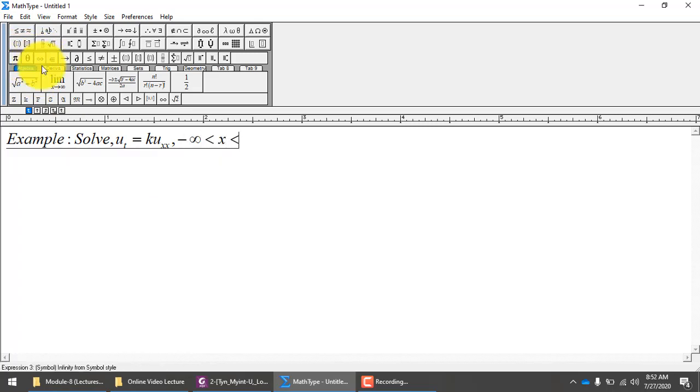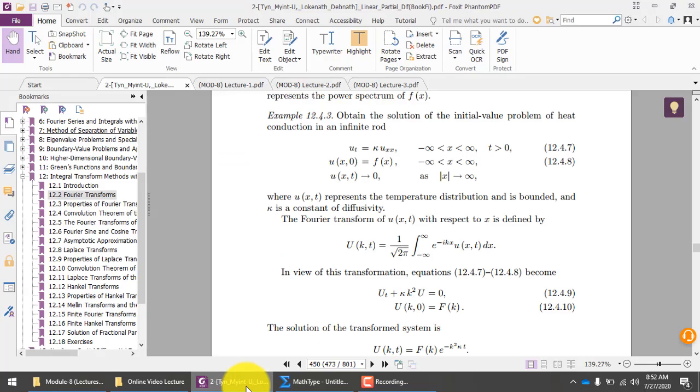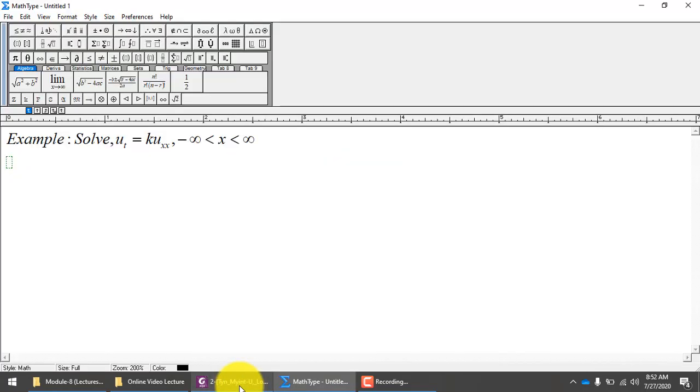So x belongs to the real line. The initial condition is given as u(x, 0) = f(x). Here x is also between minus infinity to infinity.